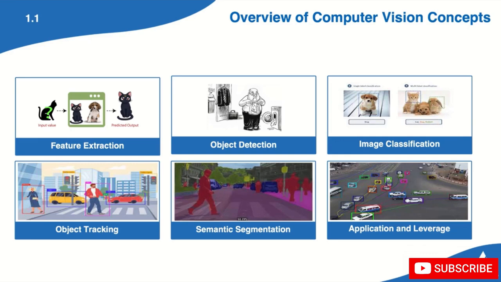In simple words, it is all about taking image analysis to a whole new level. Application and leverage. This is a combination of all the concepts into a real-life application, which one can sell for people to use and appreciate the computer vision concepts.